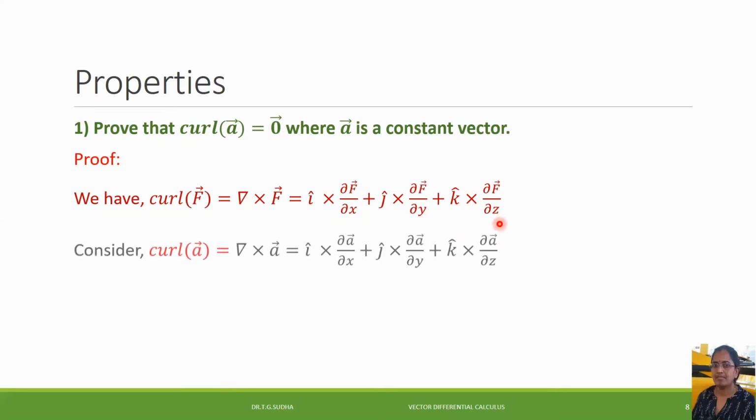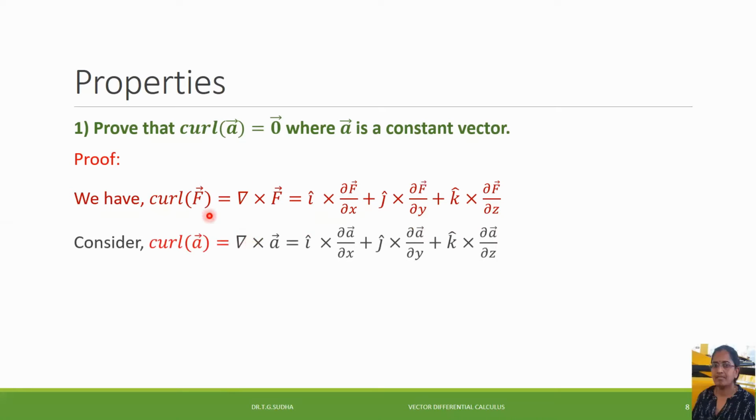Now we need to calculate curl of f. So instead of f, we put f equal to vector A. So we get del cross A is equal to i cross dou A by dou x plus j cross dou A by dou y plus k cross dou A by dou z. Since A is a constant vector, it is independent of all the three variables x, y and z.